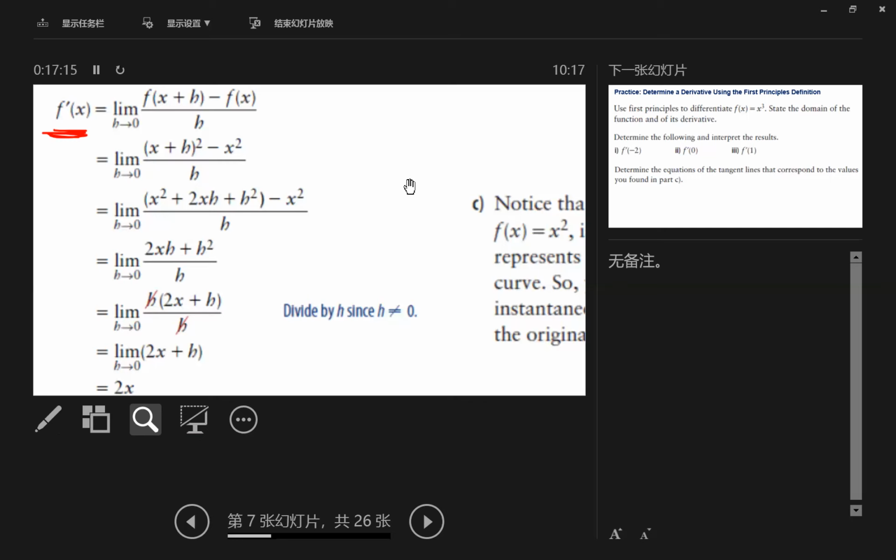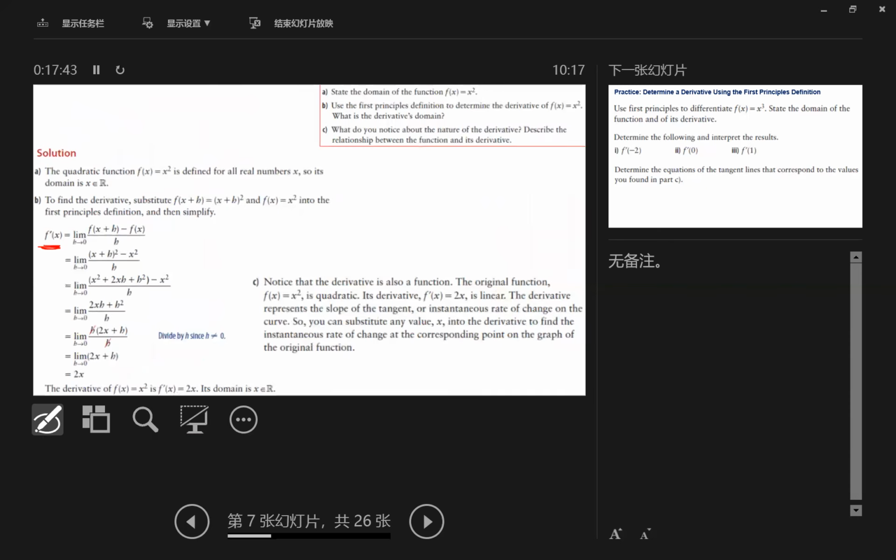Then this function is a polynomial function. When h approaches 0, the limit approaches 2x, right? Therefore, by definition, the derivative of this function at any point x equals 2x. 2x is called the derivative of the original function. How do you understand? This is how we find the derivative of a function.